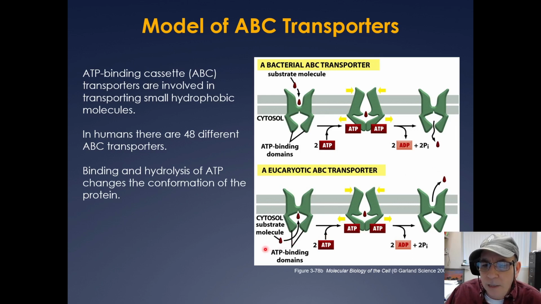In the case with eukaryotic or mammalian ABC transporters, oftentimes they're involved in moving stuff out, and so you can have a small molecule in the cytosol.